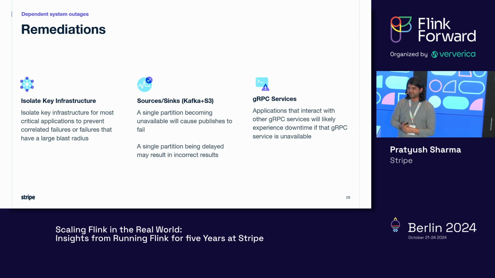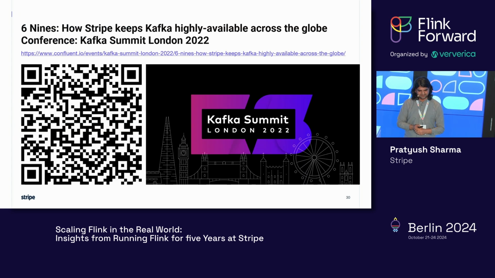If you have an async operator, make sure they interact with each other correctly. Our colleagues at the Kafka team did this talk where they explained how they run Kafka with 6 nines of availability.